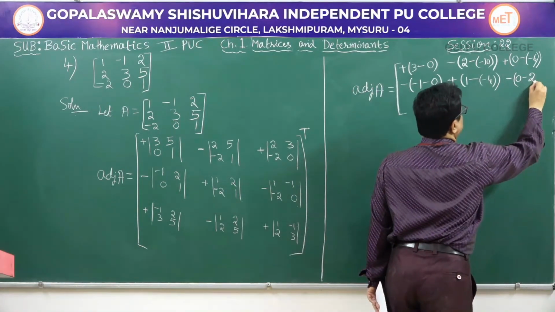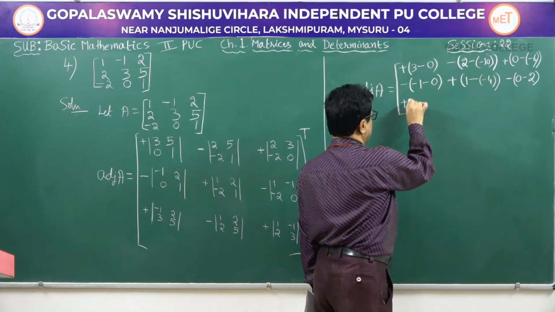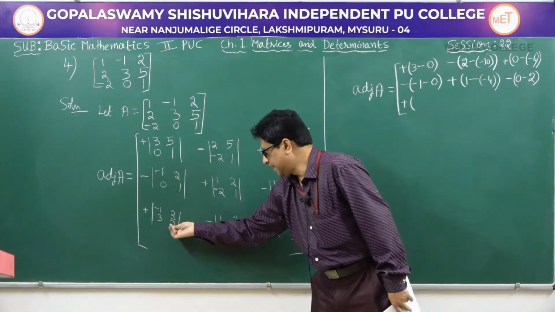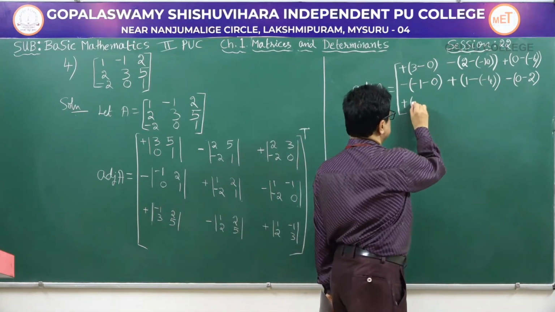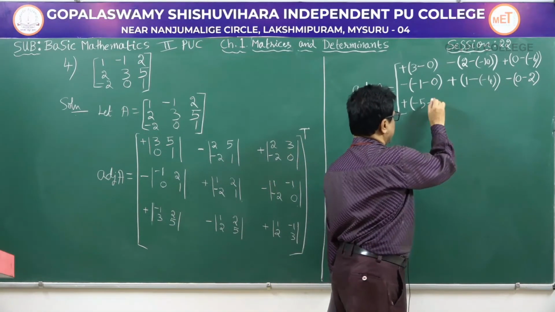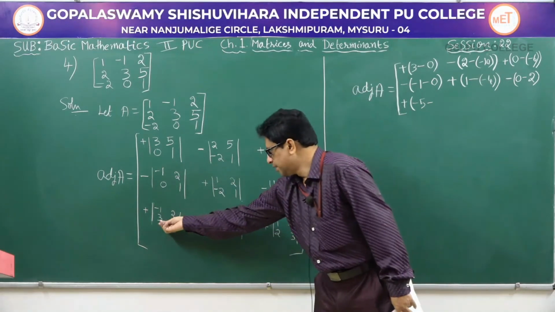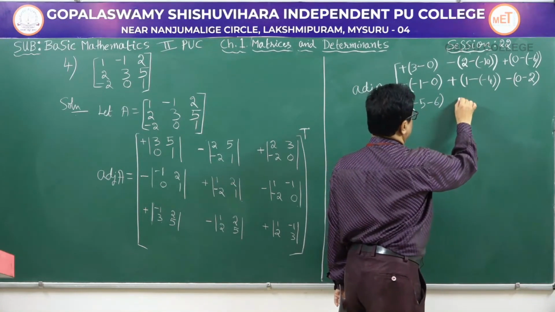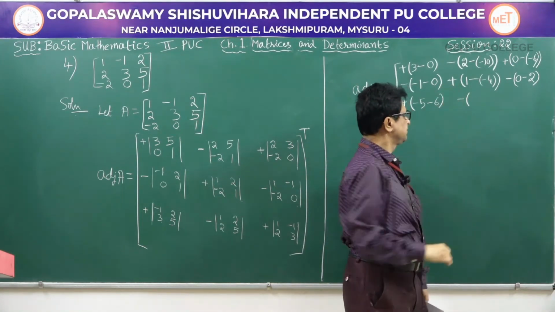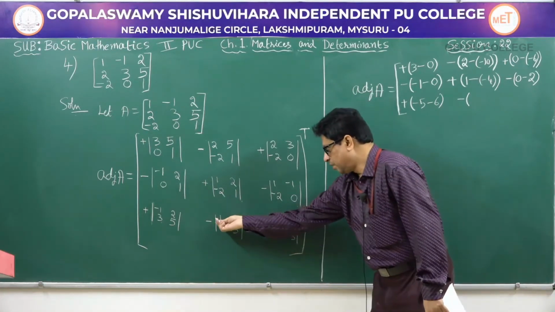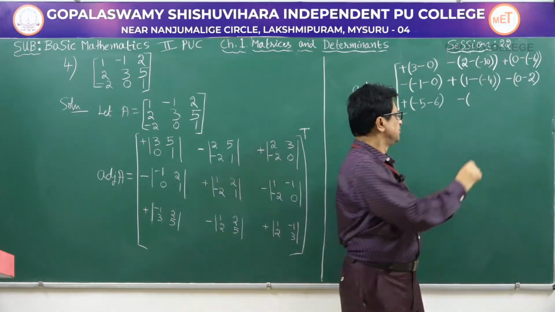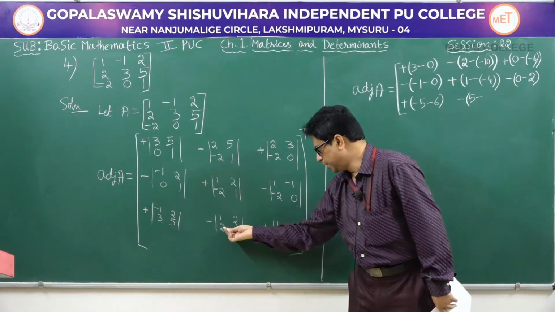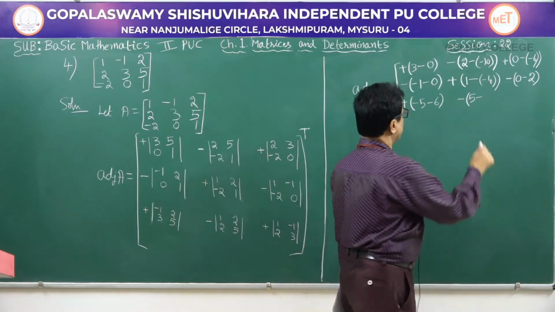Next plus minus 1 into 5, minus 5, minus 3 into 2, 6. Next minus of 1 into 5, 5, minus 2 into 2 is 4.